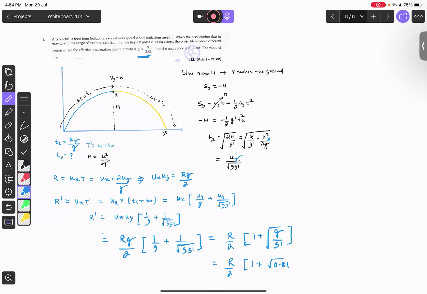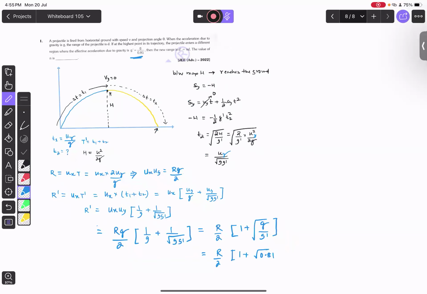g went inside, so g by g dash. g by g dash is 0.81. So is it going to become something solvable? So it is going to be R by 2, 1 plus root 0.81, that is 0.9.